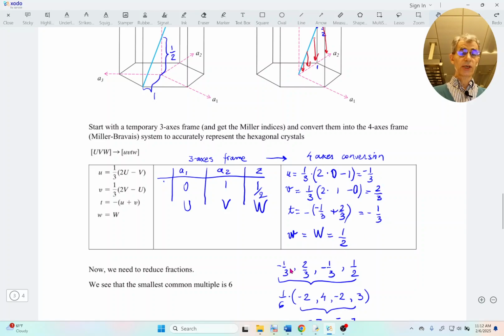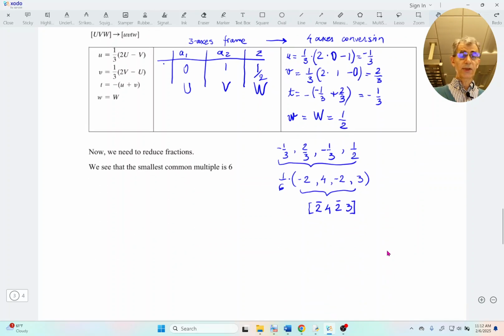So some of the fractions need to be multiplied by 2, and others, like the last one, need to be multiplied by 3. So we have a common factor of 6. I remove that 6 outside, and we end up with -2, 4, -2, and 3, because that is multiplied by 3.